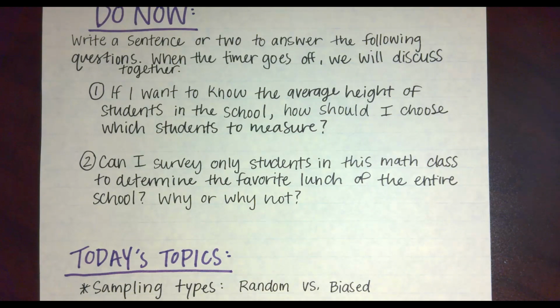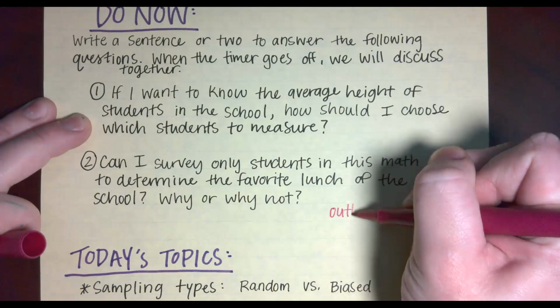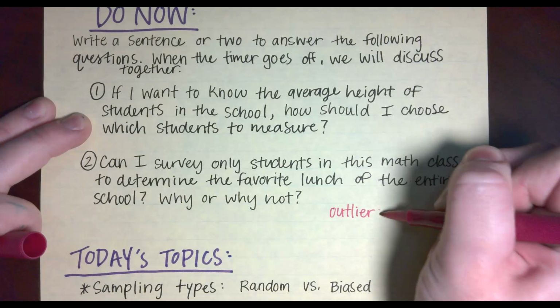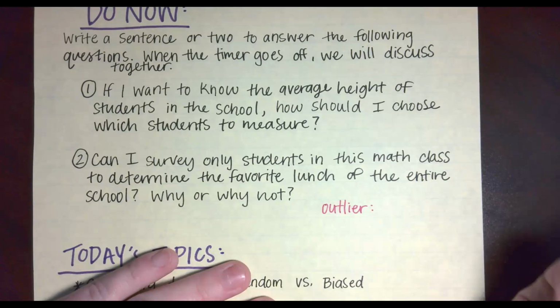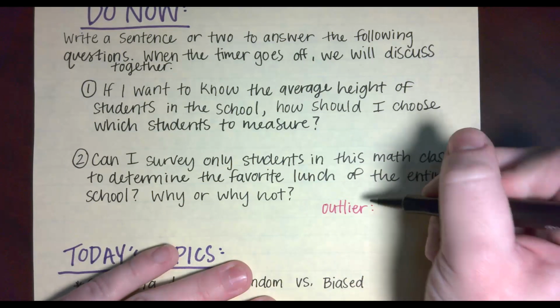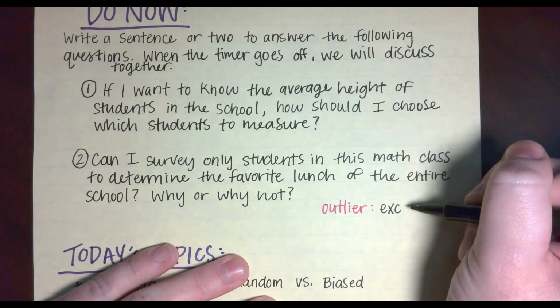So an outlier, and this isn't something that you need to know right now, but if you're curious, I'm going to kind of write it. Outlier. Basically, an outlier is what we would consider an exception to the data. And the data is just what we collect, what we found.